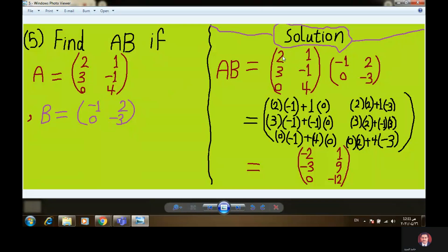Multiply the first row times the first column: 2 times negative 1 plus 1 times 0. As you see here, multiply 2 times 2 plus 1 times negative 3.